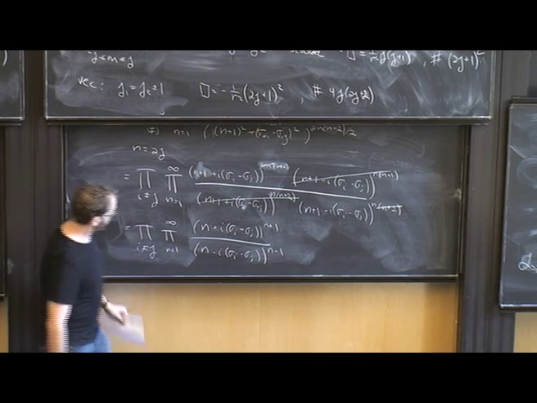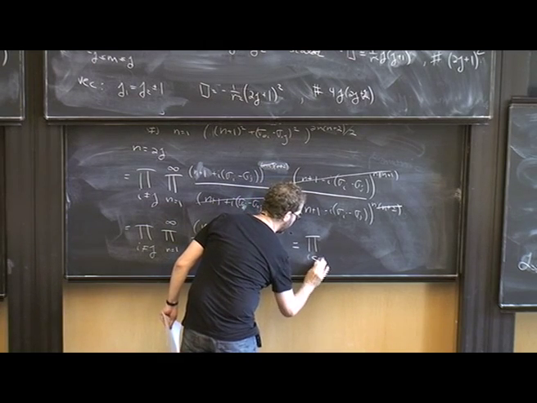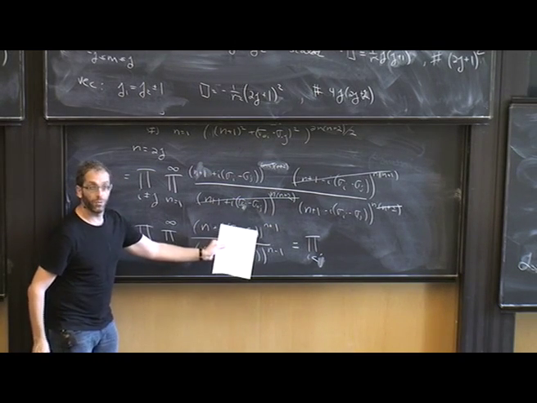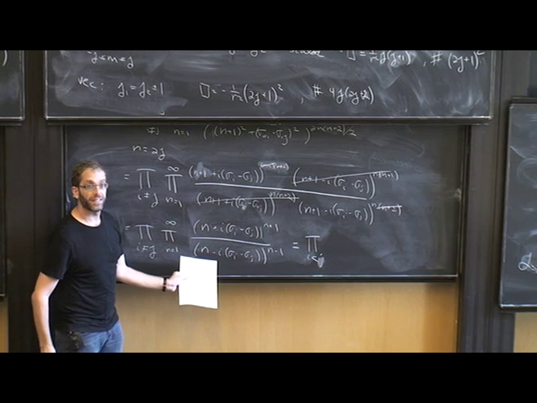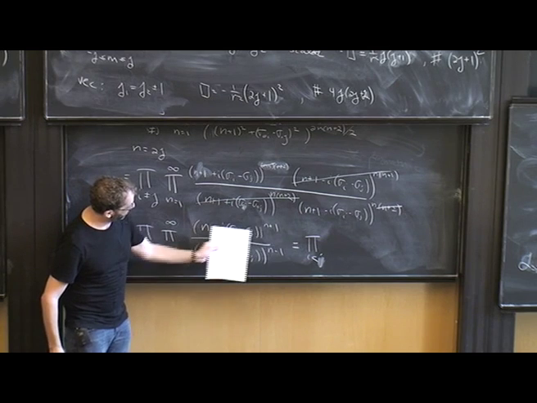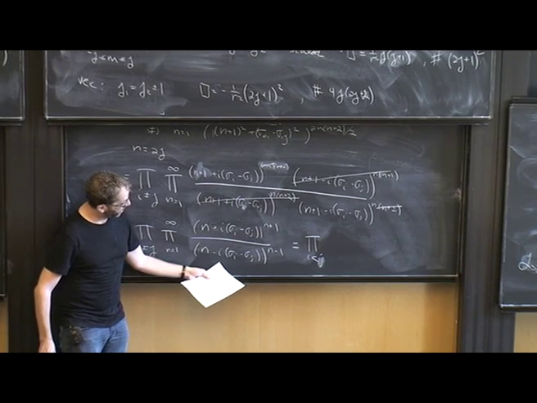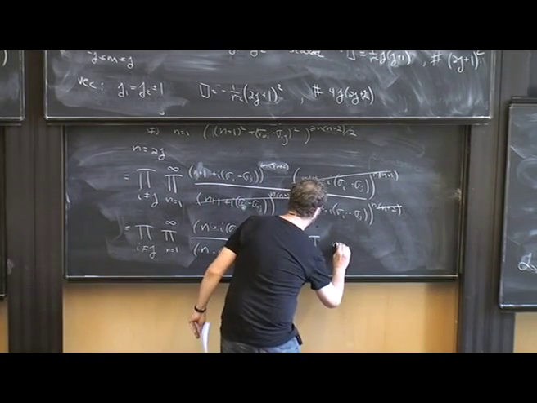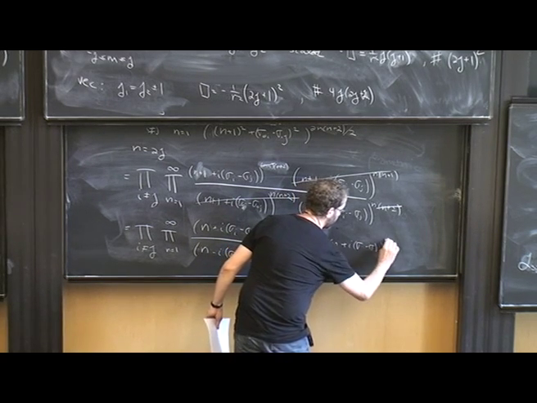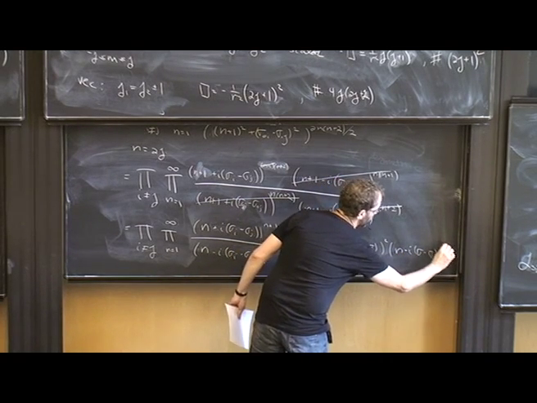And now I can take instead the product over i less than j, and then I get in the denominator and the numerator both plus and minus. So everything here would be doubled with a minus sign, and I will just get n plus i sigma minus sigma squared, and minus i sigma minus sigma squared.